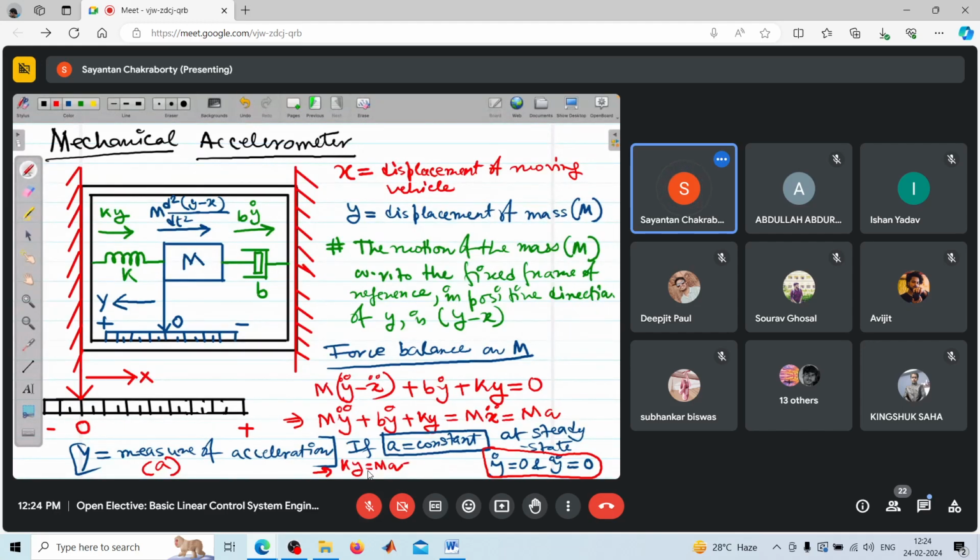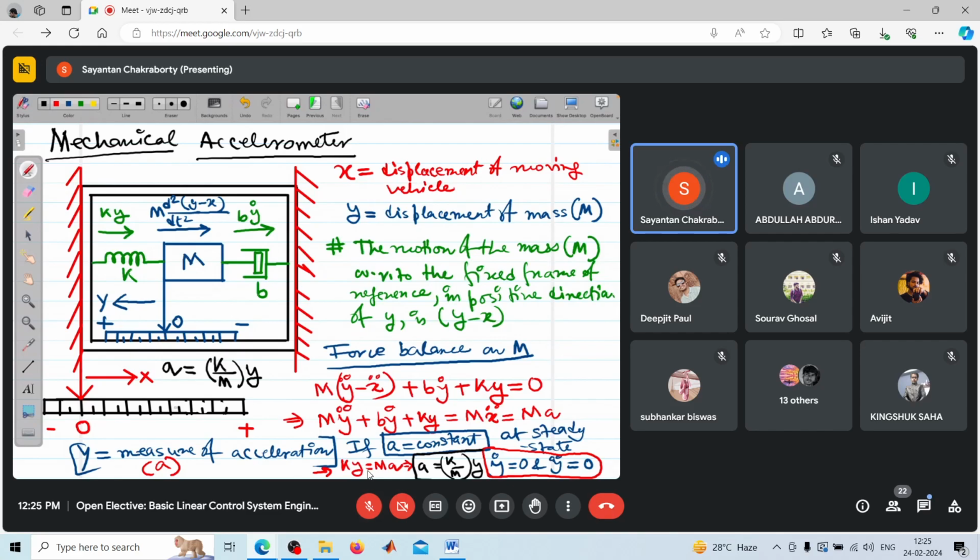That will typically yield your a, or you can simply write your acceleration will be given by k times y over m. Y can be measured from this scale, right, and from that you can directly measure the value of acceleration.